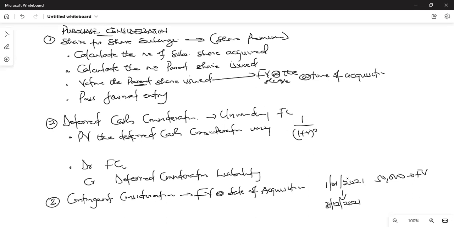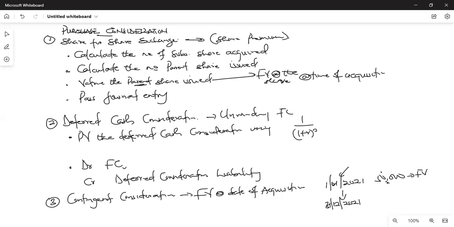But if the change is due to events which took place after the acquisition date, so what we mean is this: if we use this figure, we bought you on this date, and new information comes to us that causes us to change the purchase consideration of 50,000, then we will have to change it and do a new goodwill.